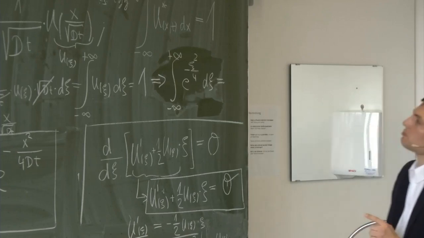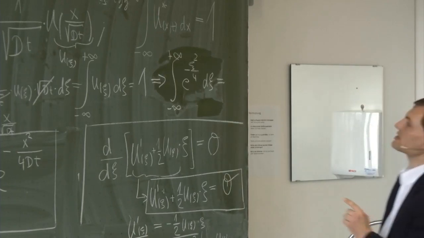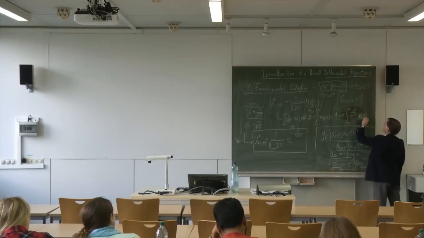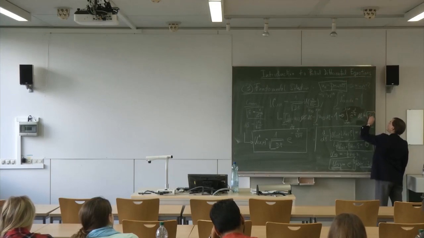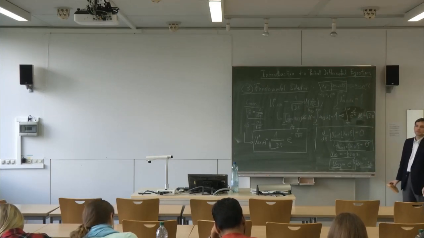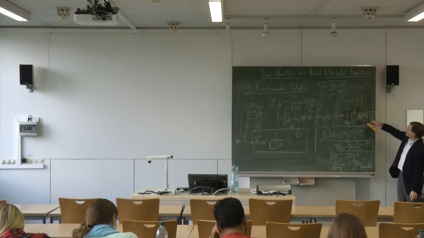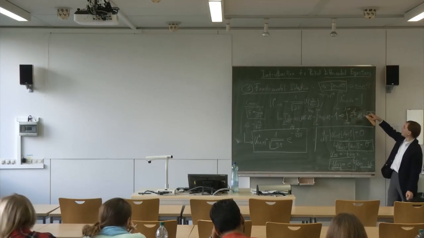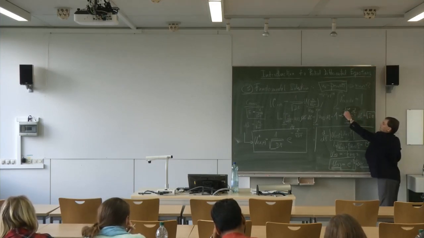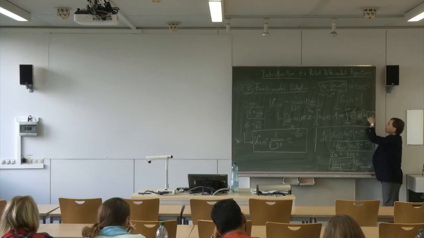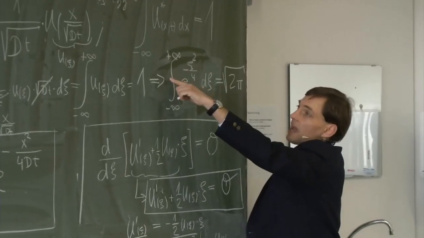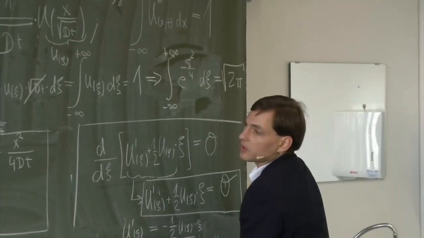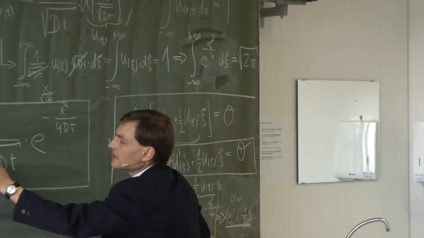It turns out to be the square root of 2 pi. And if this integral is the square root of 2 pi, how can I make this 1? If I divide on both sides, if I write here 1 over the square root of 2 pi, then this is 1.